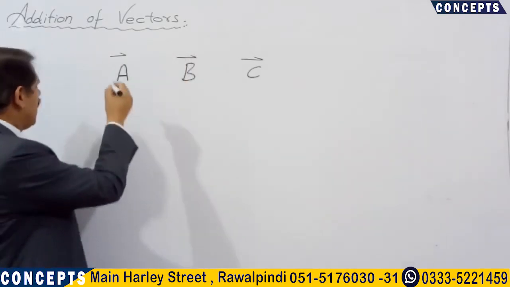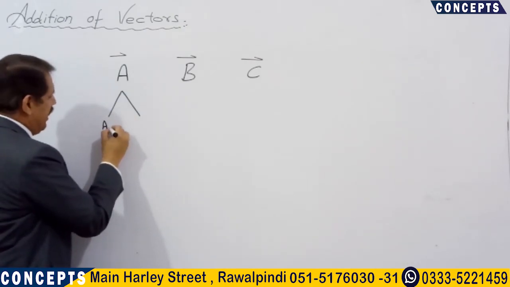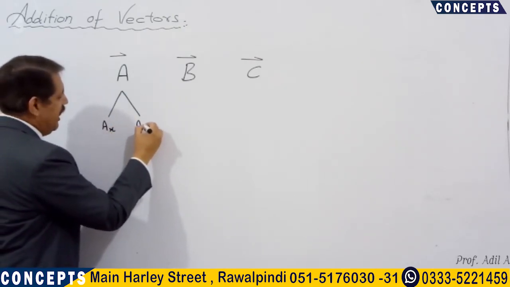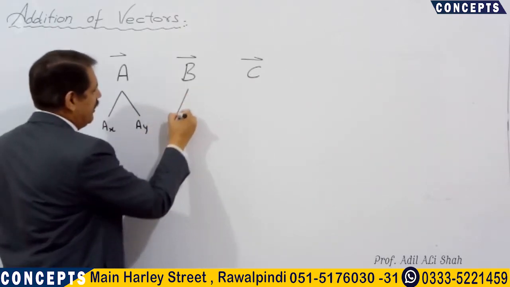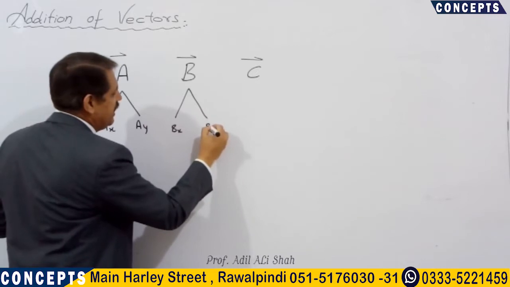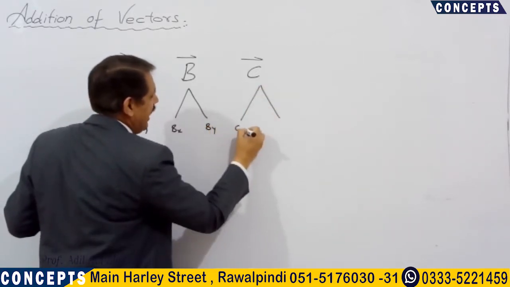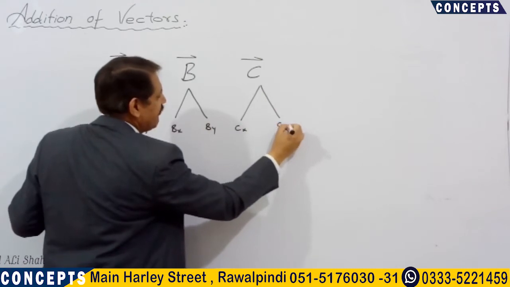The rectangular components of vector A would be Ax, Ay, Bx, By, Cx, Cy.